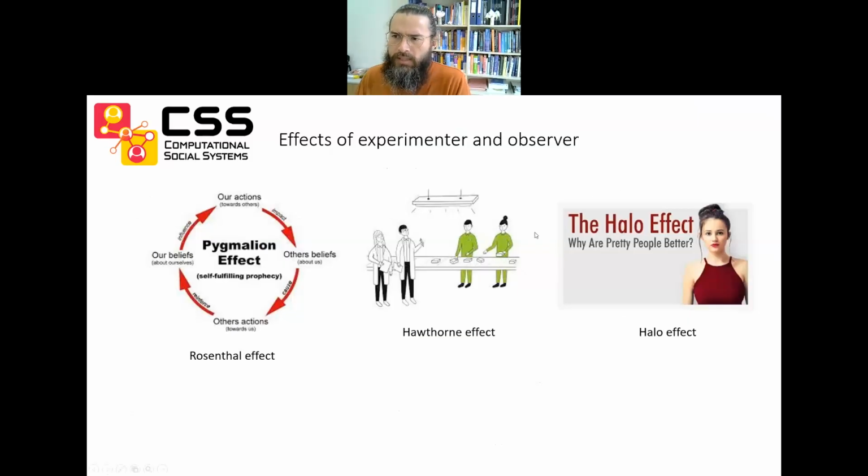Yes, and the last one is an effect of mistakenly taking some general properties of your participants and inferring values of other properties of your participant. This is called the halo effect, and it describes a tendency people have to connect some physical attributes of people to other hidden properties.